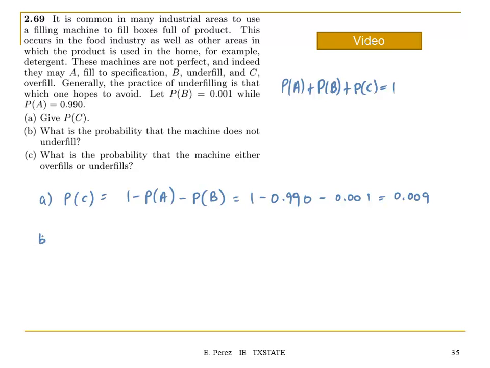Part B. What is the probability that the machine does not underfill? That will be either fill to specification or overfill.